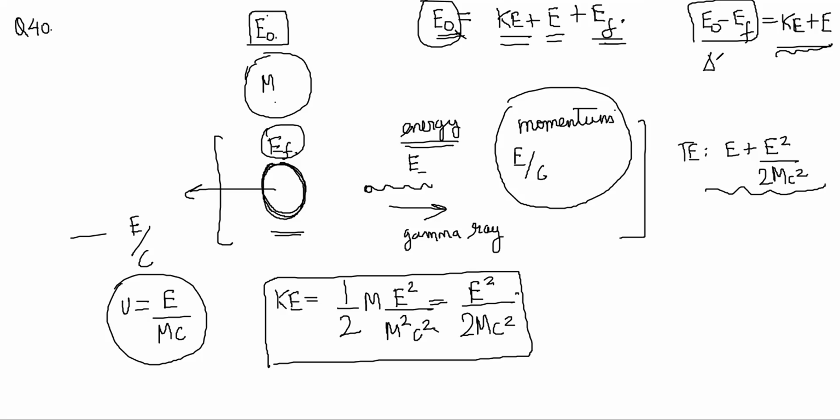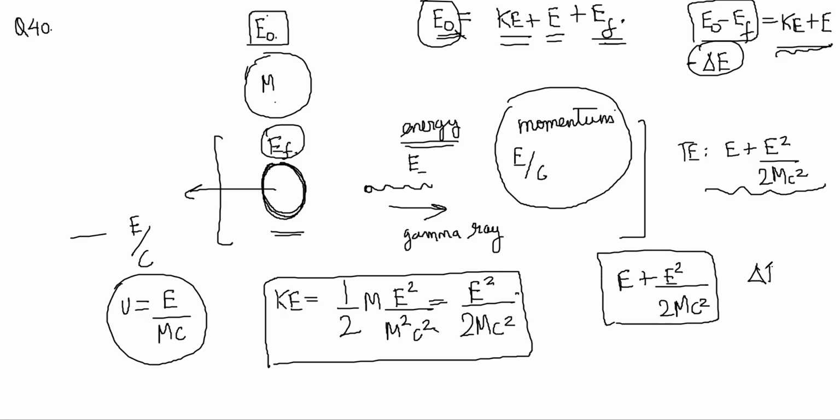This is the negative of the change in internal energy, so the decrease is basically this much. So the kinetic energy plus E should be the answer. This is the change in internal energy. You understand?